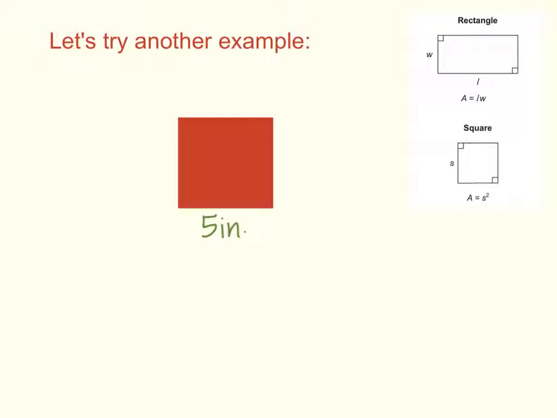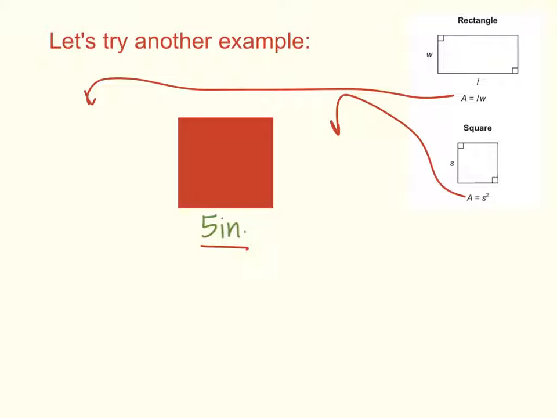Let's take a look at another example. This, you'll notice, is a square. Because this is a square, they actually only gave us one measurement of 5 inches. We're going to take a look at both formulas so that you get an understanding of how you would use them. So let's go ahead and use our rectangle formula first, because that's what we just used on the previous slide, and then we'll look at our actual square area formula.